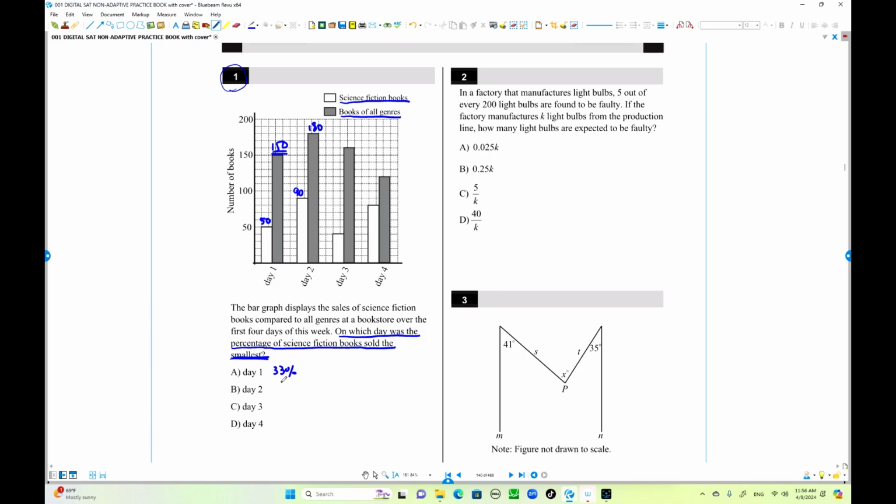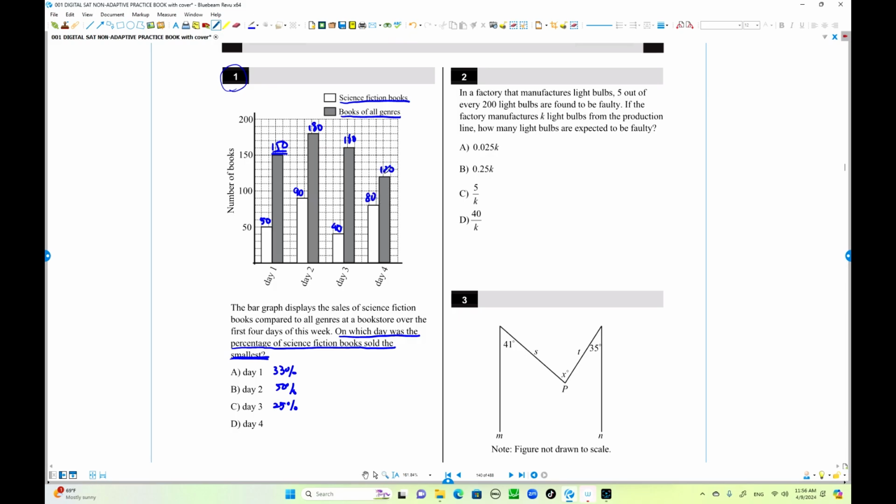So that is half, 50%. Day 3, this is 40 and this is 160. 40 over 160 is 1/4, that is 25%. A quarter, right? 25%.